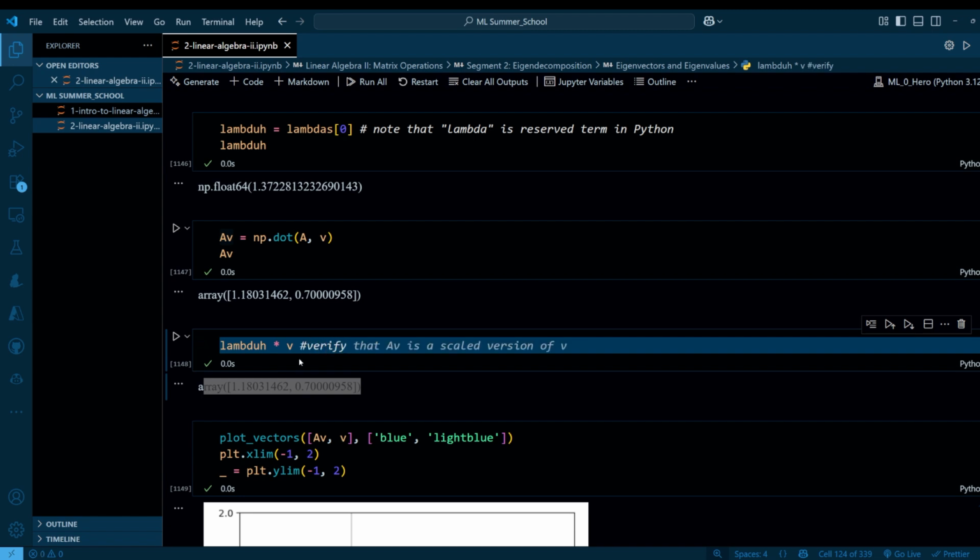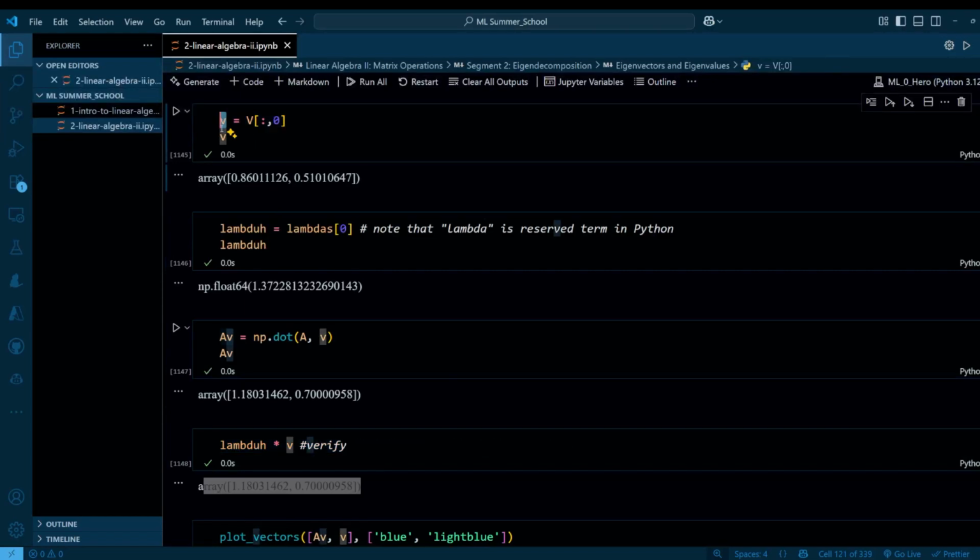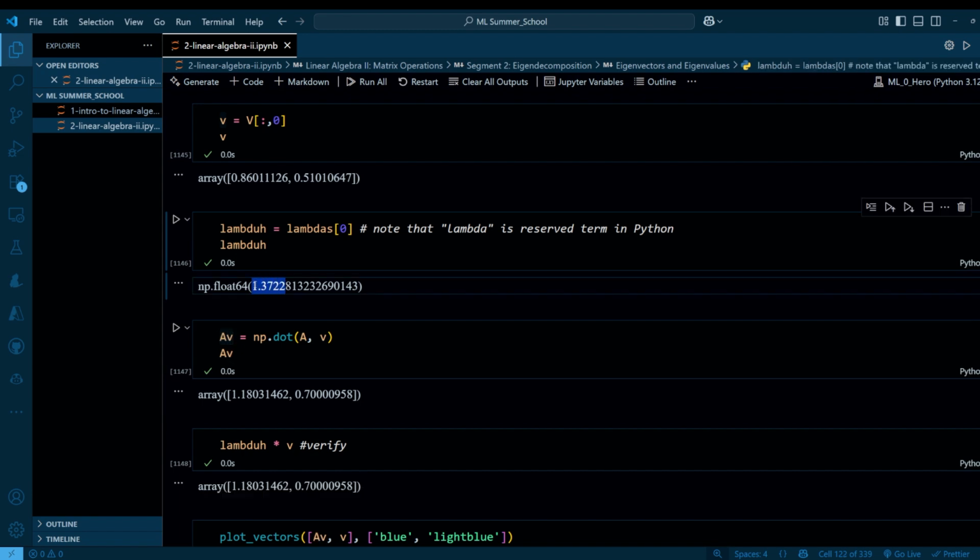But what's our goal? The goal is to check V and AV, to be honest, to see if they are in the same direction and V has been multiplied 1.37x or not. That is the goal.